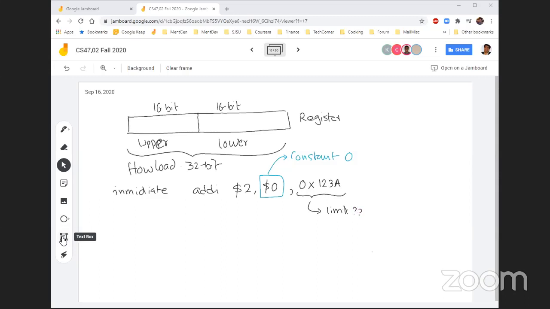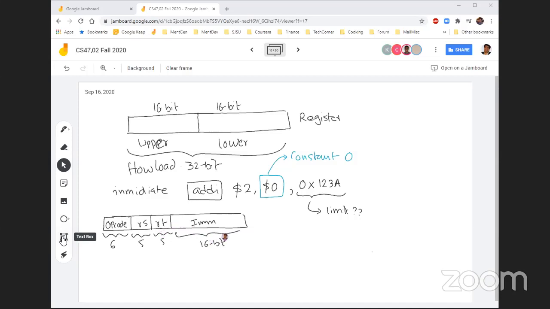Since addi is an immediate instruction, it looks like this, right? Opcode, then RS, RT, then immediate. So this is 6-bit, 5-bit, 5-bit. So that means this is 16-bit.